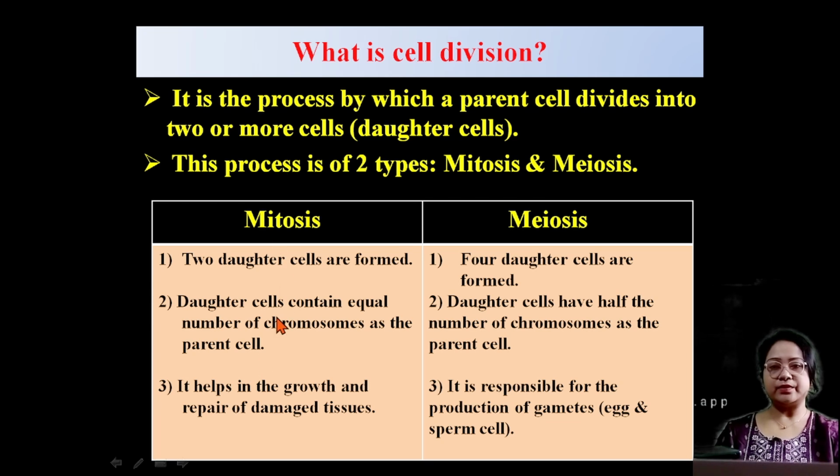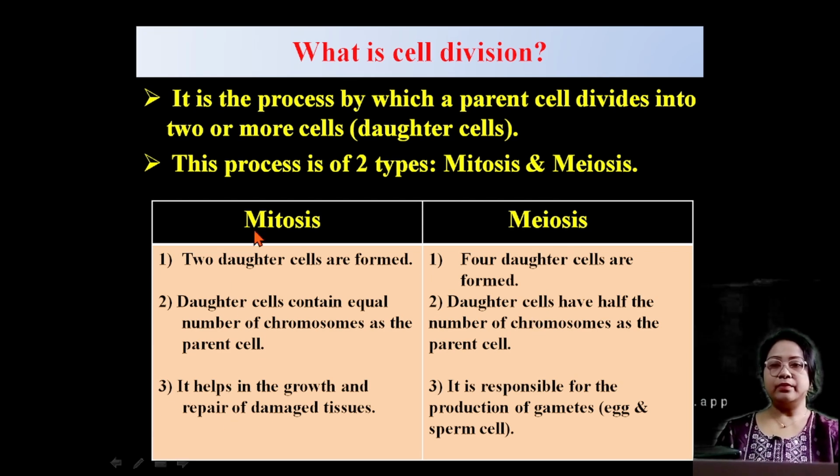The chromosomes that the nucleus contains will be transferred to the daughter cells, exactly the same number that the parent cell contains. In meiosis, the four daughter cells formed will have half the number of chromosomes that the parent cell has.